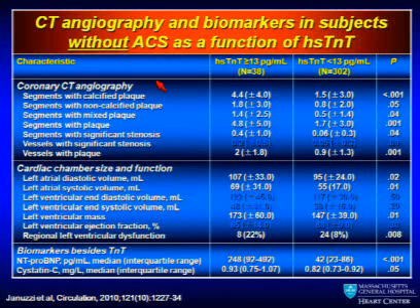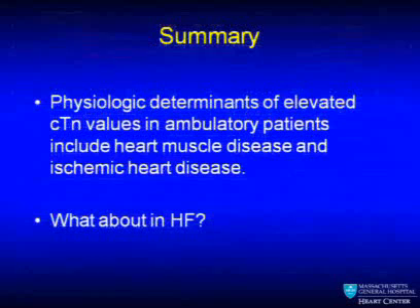And I'll draw your attention to the fact that these are patients now adjudicated to not have an acute coronary syndrome, where a significant number had an elevation of highly sensitive T. And what we saw in these patients was a large percentage of them actually had previously unsuspected or asymptomatic ischemic heart disease, more heart muscle issues, including dilated LV and LA chamber size, LV mass issues, LV dysfunction, and prevalent elevations of other biomarkers of risk. So these troponins are telling us a very clear story about physiology, and it is up to us to determine mechanism using our own clinical judgment.